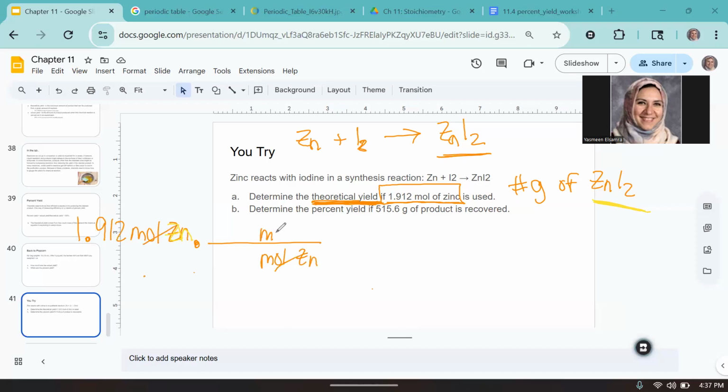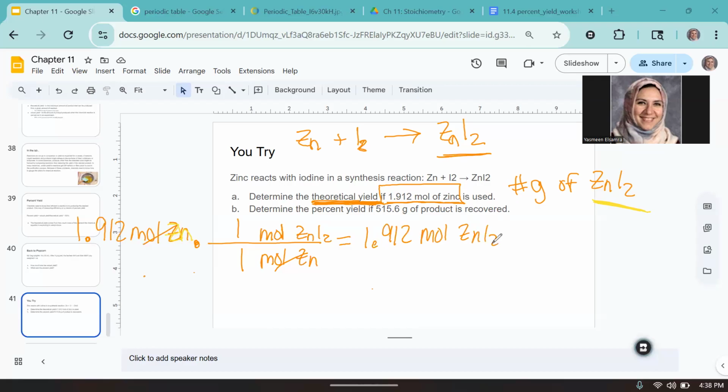I can put moles of zinc iodide here. This is nothing new. We've done this before. You can put moles of one element over moles of a different element or compound. And I get these numbers from my balanced equation. In front of zinc in my balanced equation is 1. In front of zinc iodide in my balanced equation is 1. Now this gives me 1.912 moles of zinc iodide.